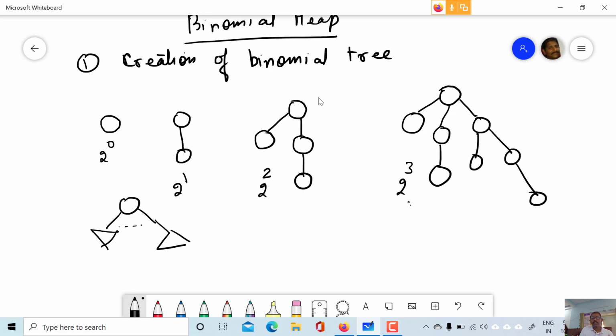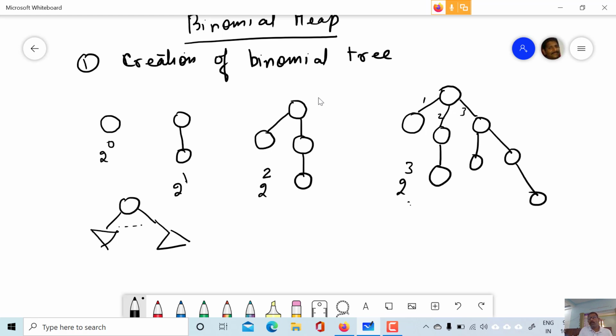The degree is the number of edges evolving from the head node. In this case, no edge, therefore degree is 0. In this case, only a single edge is there, therefore degree is 1. In this case, there are 2 edges, therefore degree is 2. In this case, there are 3 edges, 1, 2 and 3, therefore degree is 3.